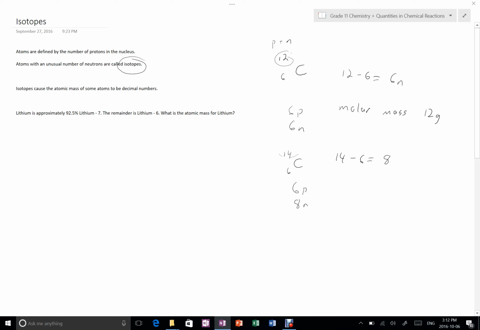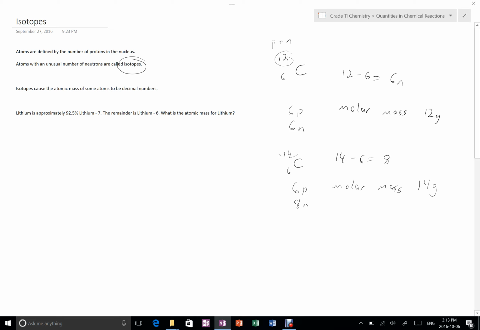If we could isolate enough carbon 14, we'd see that it has a molar mass of 14 grams. So isotopes have an unusual number of neutrons, and that unusual number of neutrons will affect the overall mass of the atom, and as a result, molar mass.